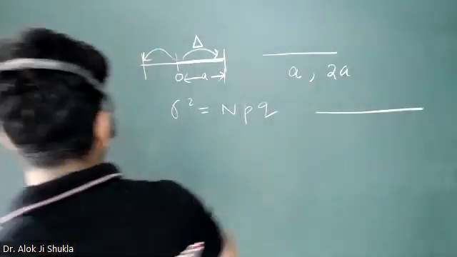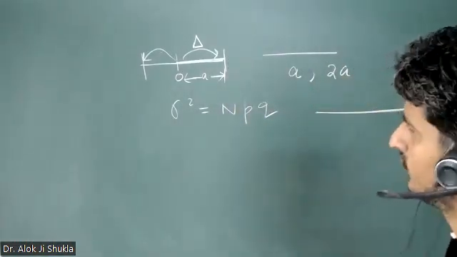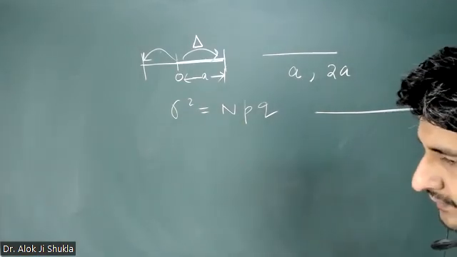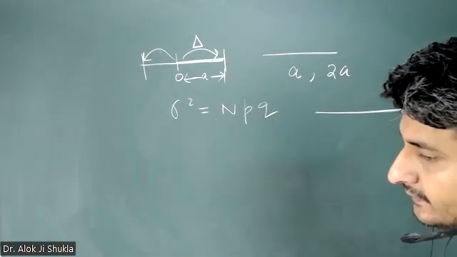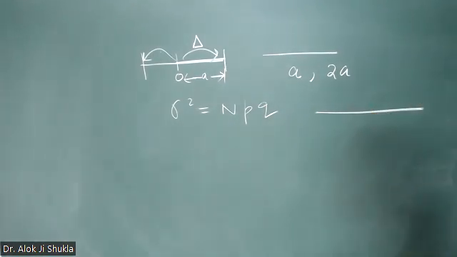Probability के साइड से कुछ नहीं करना है. Probability के साइड से everything is okay. P is right, Q is left. So NPQ. Just we have to multiply it by step size. Okay? ये आप लोग देख के बताना.